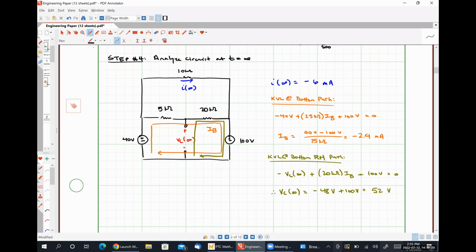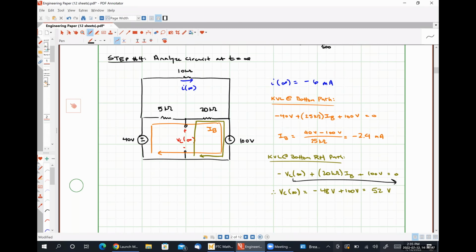All right, so I don't believe so, but this may be an algebraic mistake on my part. So let's look at it. Okay. So what I've done here is I have moved this VC at infinity over to the right hand side. Okay. All right. So it seems like it's resolved.